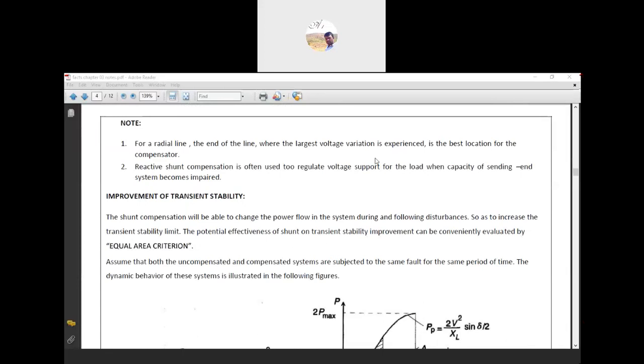There are these two types. Now we are just giving a brief idea of the compensator methods, and in the next class we will discuss the two types in detail.